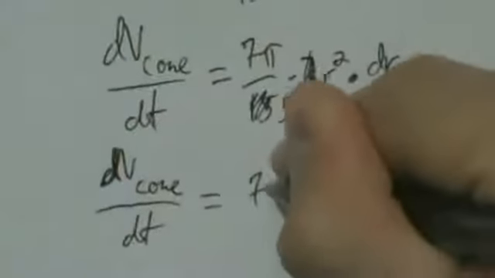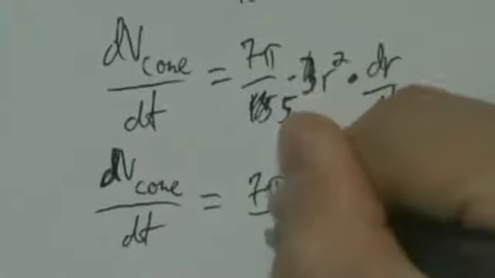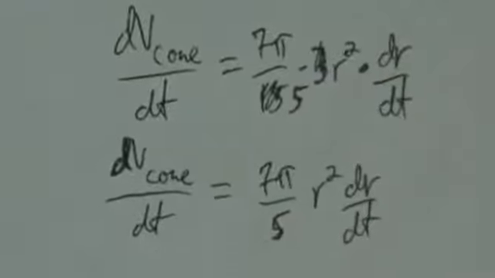So then dV cone dt equals 7 pi over 5 times r squared dr dt. All right, so let's zoom out a bit here. So how's that helpful? Well, now we can take this and this and then use those together.